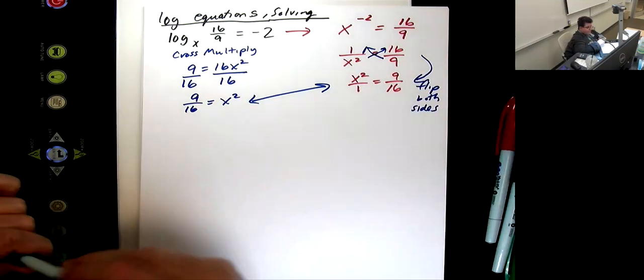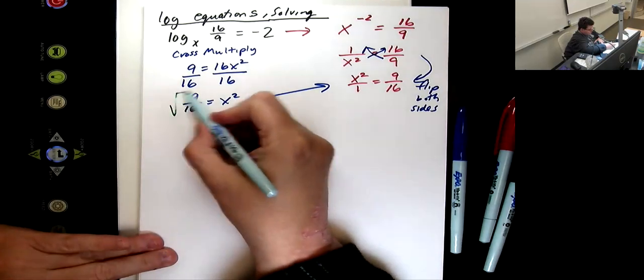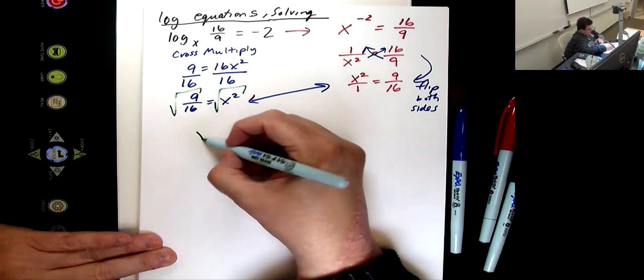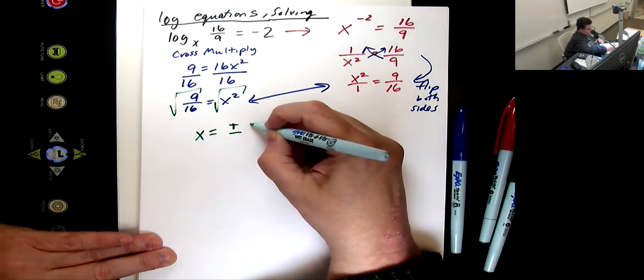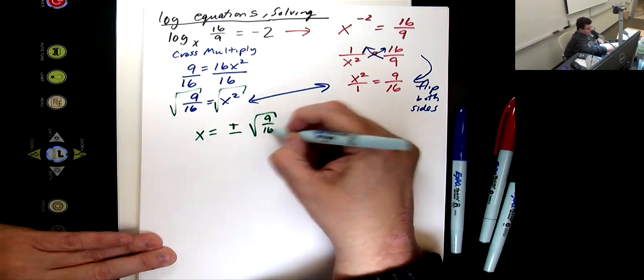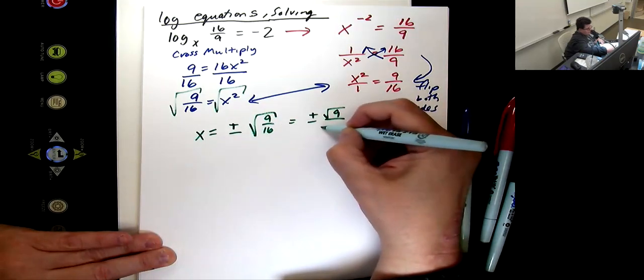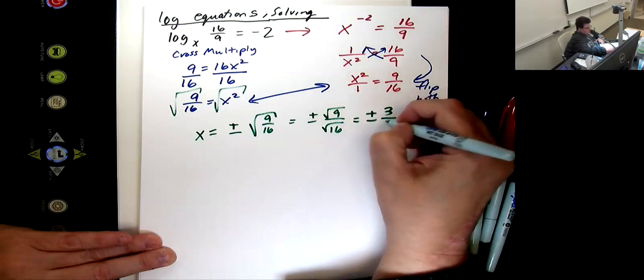Then we want to take the square root. And the square root is going to give us x equals plus or minus square root of 9/16. We saw we can split that up to square root of 9 over square root of 16, which gives us plus or minus 3/4.